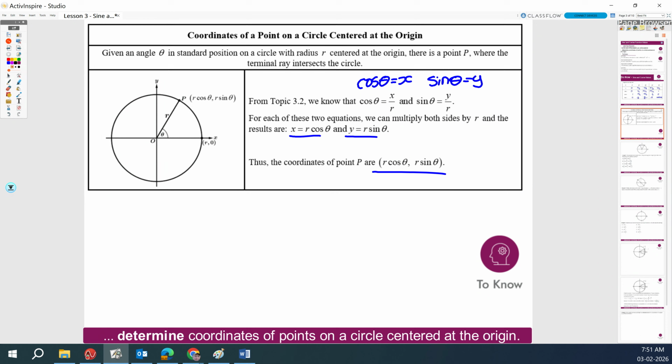In the unit circle, so if r is equal to 1, it gives us cos theta, sin theta. Sine theta is the y value, cos theta is the x value. Key fact to know on this one.